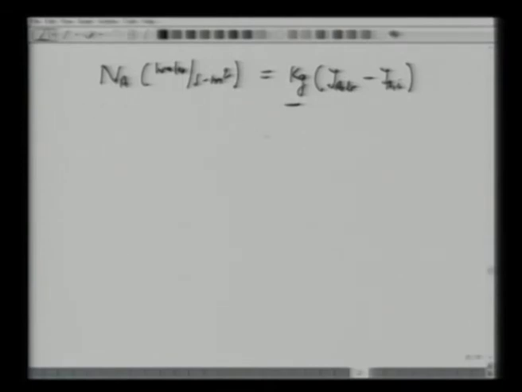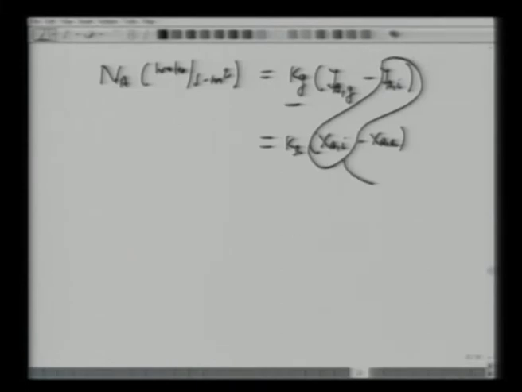Under steady state, this diffusion flux will also be the same as KL times XAI minus XAL in the bulk liquid phase. Here, using the previous nomenclature, this is nothing but YAG. And YAI and XAI are in equilibrium, given by some equilibrium data which we have obtained from some experiment or from reported values.